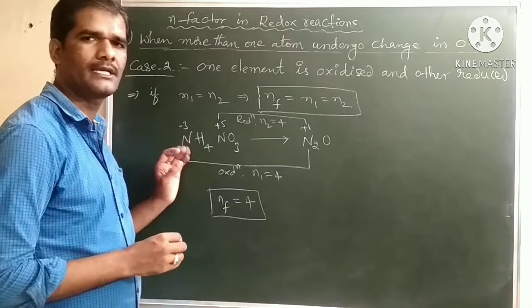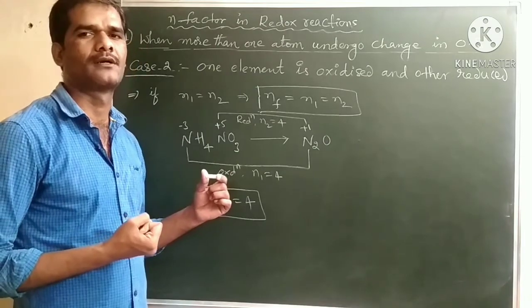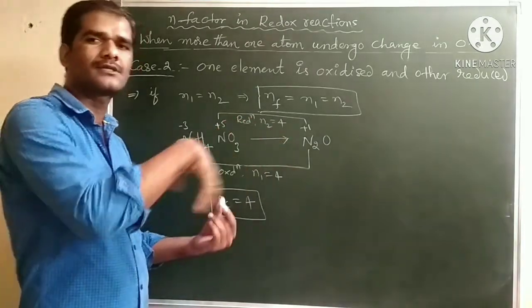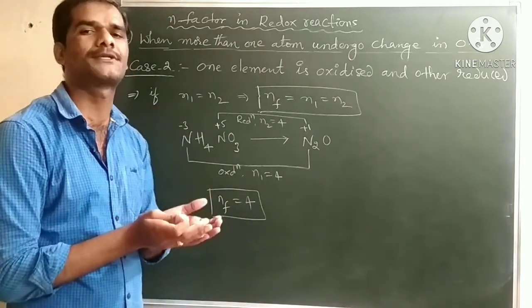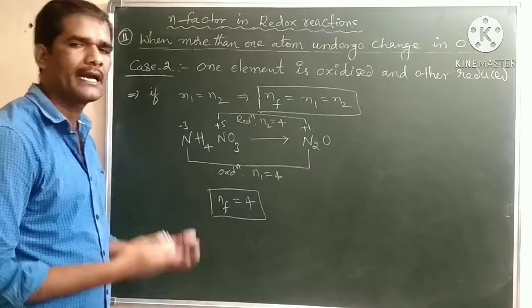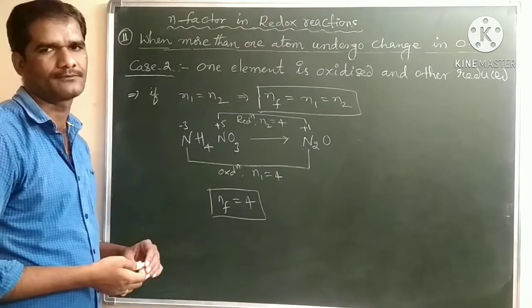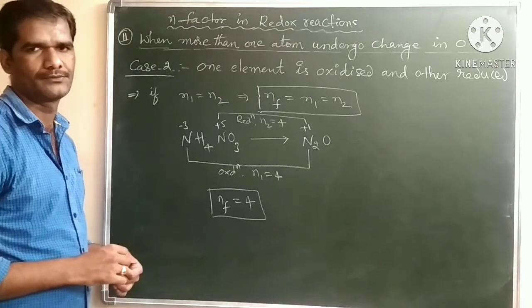One nitrogen is giving 4 electrons, the other nitrogen is taking those 4 electrons. So what is the overall electron transfer? Only 4 electrons are transferring. One is taking and one is giving. So you have to take the overall electron transfer per molecule, that is 4. It is not an addition, it is not a subtraction. It is only the actual n factor, whatever the electron change per molecule.